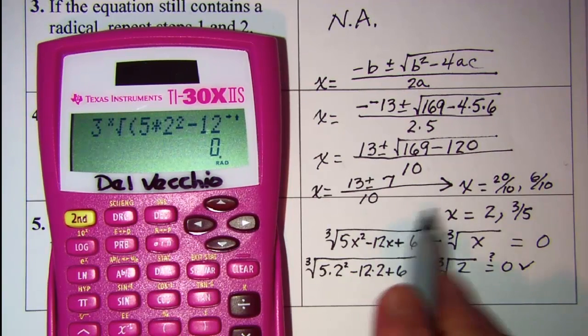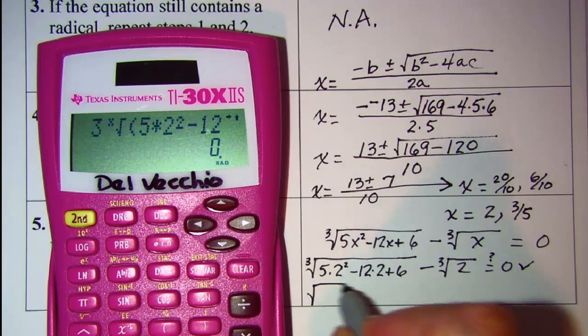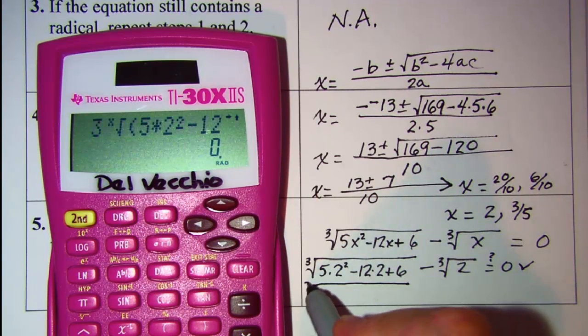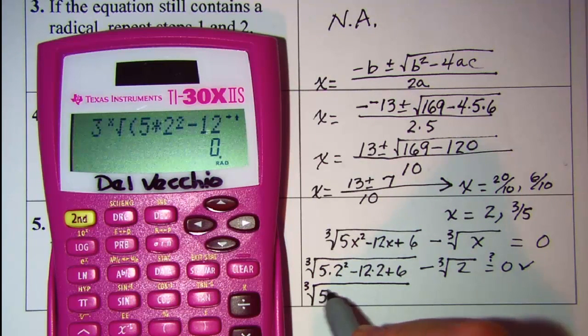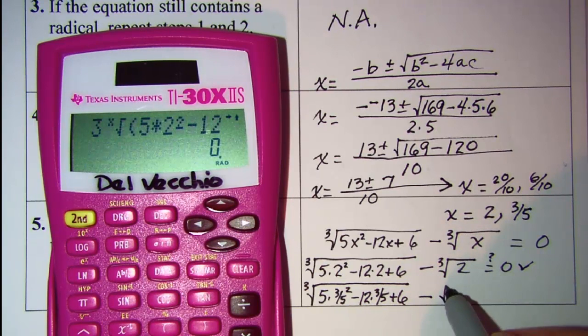Now I need to check 3/5. So I'll have cube root of 5 times 3/5 squared minus 12 times 3/5 plus 6, minus cube root of 3/5. And again, I want to see if that equals 0.